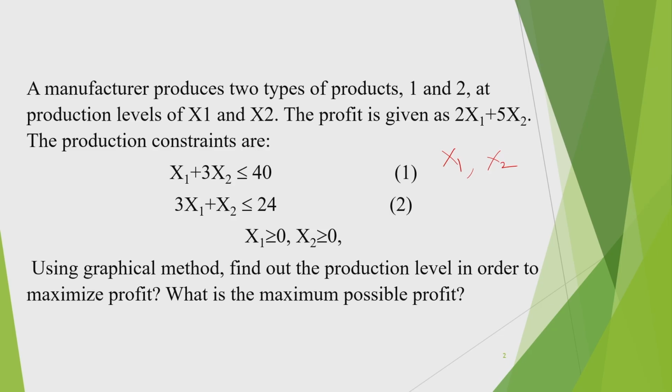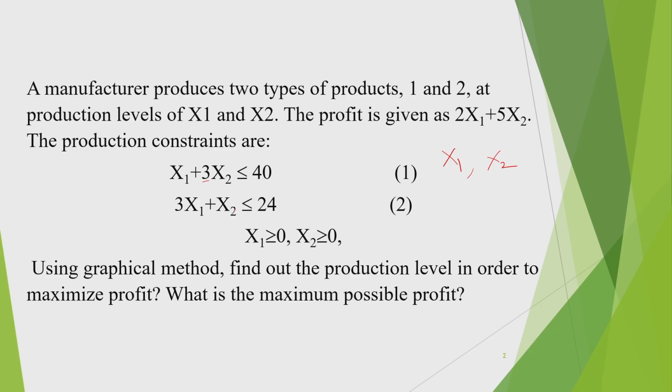How did we get the production constraint? These products may require some raw material. Suppose for making 1 unit of product 1 you need 1 kg of some resource, and making 1 unit of x2 needs 3 kg of that same resource.